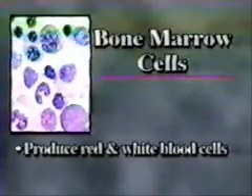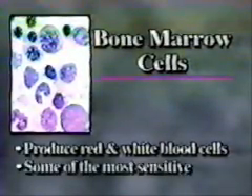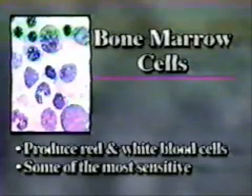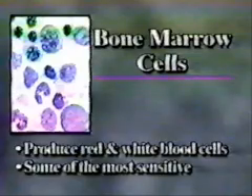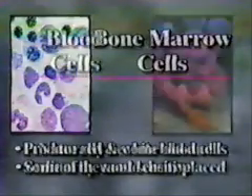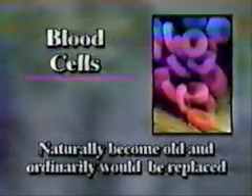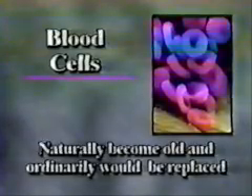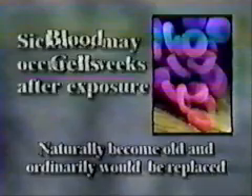Bone marrow cells, which produce red and white blood cells, are some of the most sensitive cells. When these cells die, the body is not able to replace the blood cells which were in circulation at the time of exposure. These cells naturally become old and ordinarily would be replaced with new cells.